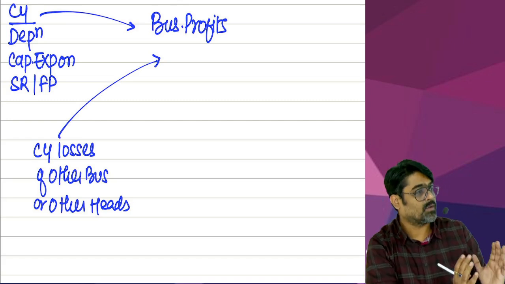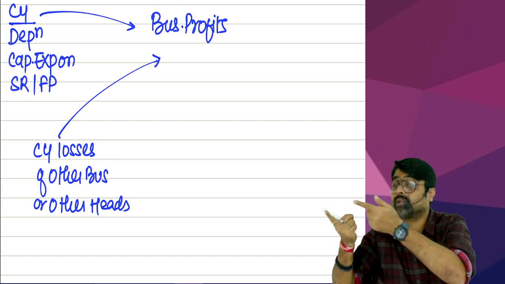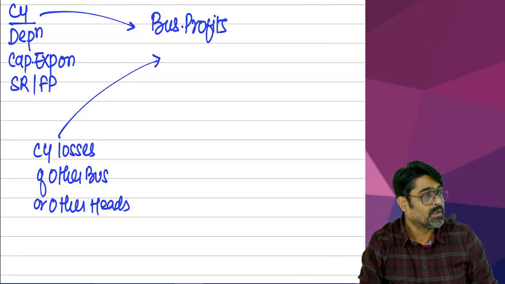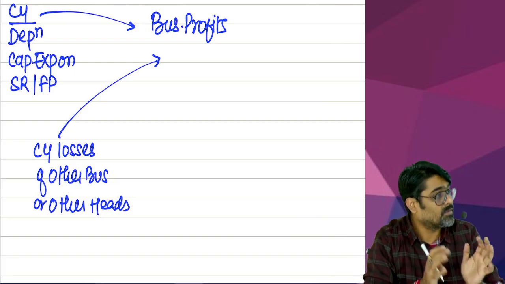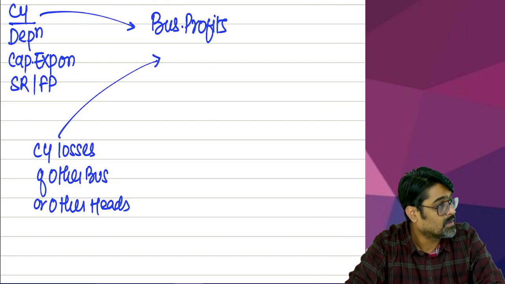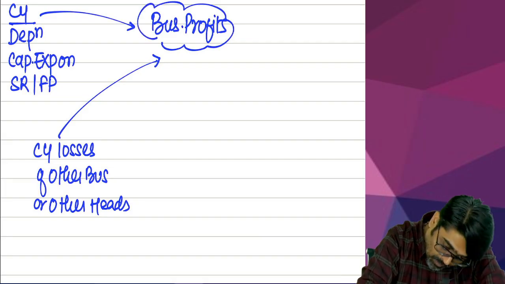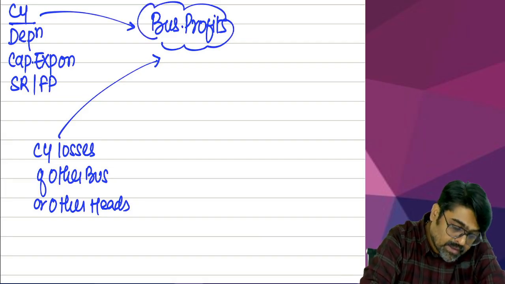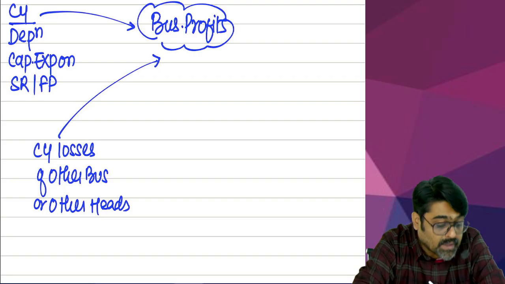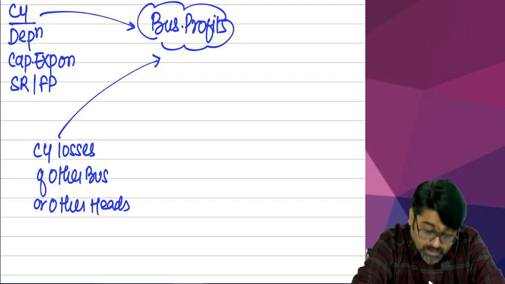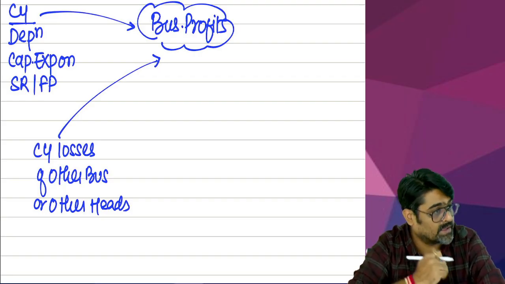So there are certain losses of other business which can be adjusted against this business profits. There are some losses of other heads which can be set off against this business profits. Yes or no? So business profit is available. So from this business profit, even current year depreciation, current year capital expenditure, current year losses can be set off against this business income.